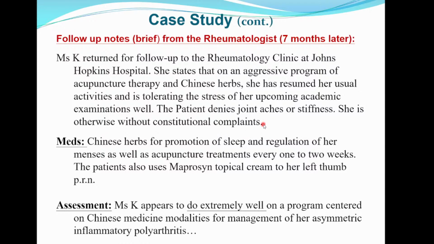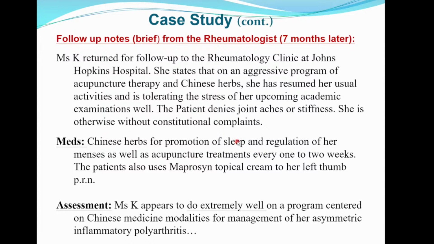The patient denies joint aching or stiffness. She is otherwise without constitutional complaints. She uses Chinese herbal medicine for promotion of sleep and regulation of her menstruation, as well as acupuncture treatment every 1 to 2 weeks. The patient only used Naproxen topical cream for her left thumb, and all the joint pains are gone.